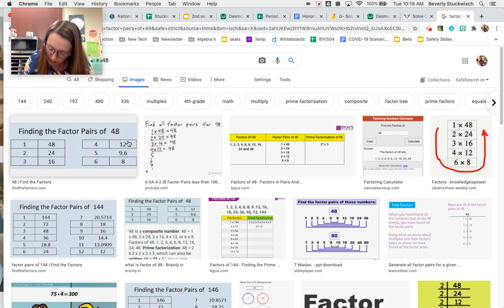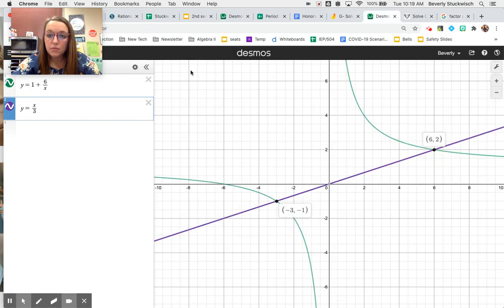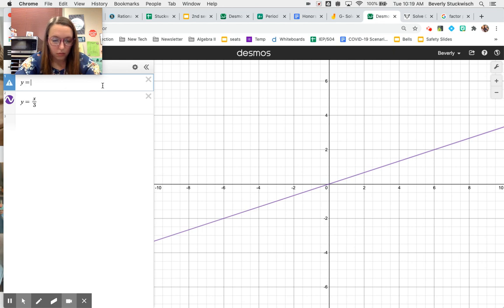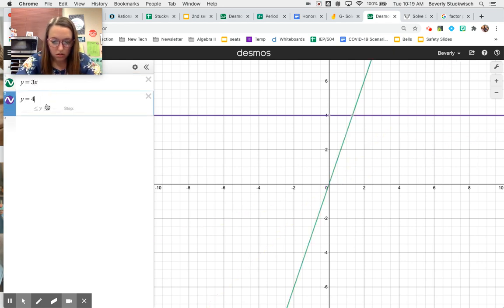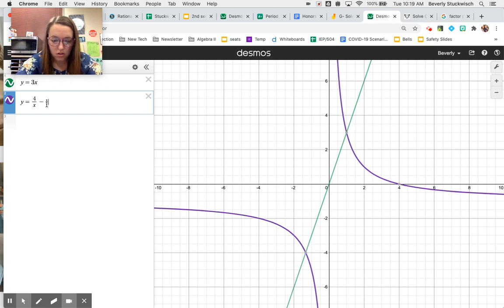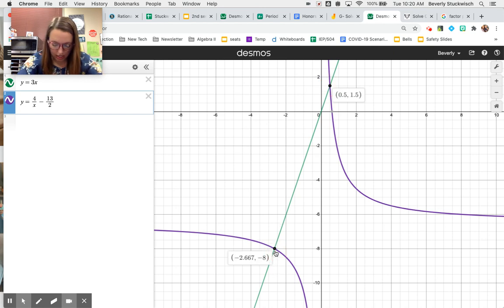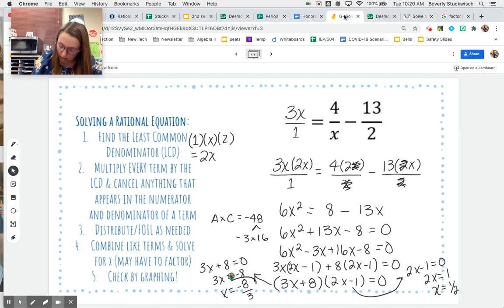X equals 1/2. Let's check the graph. So we had 3x on the left, on the right, and it looks like 1/2 and -2 2/3 or -8/3. Those are both real. Excellent. Both real solutions.